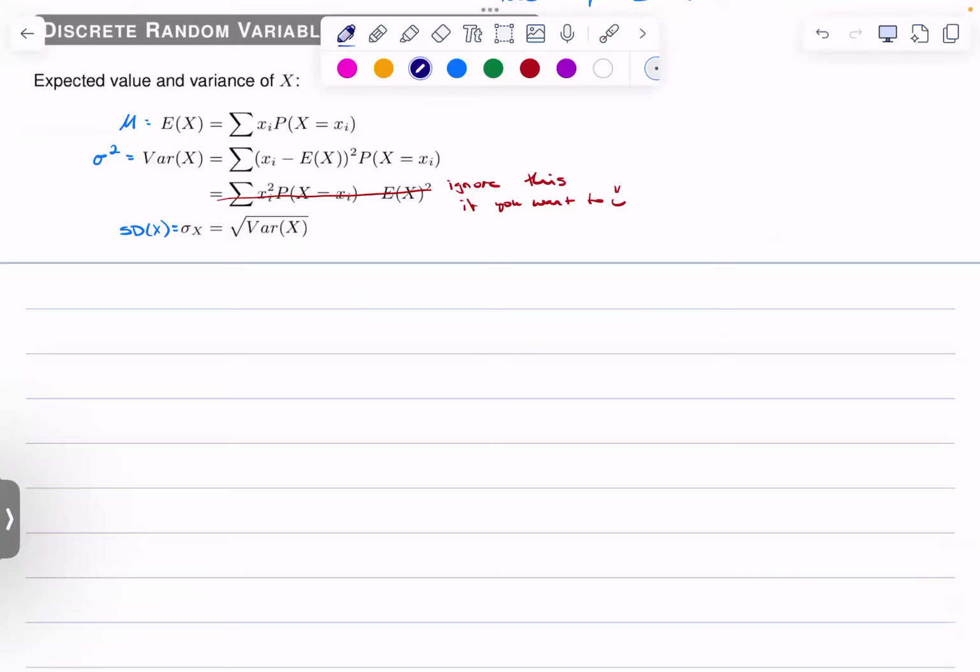So to calculate the variance of x, which is the sum of, whoop, disappeared. The sum of each of the xi's minus the expected value of x, then square it times the probability of x equals xi from a probability distribution.